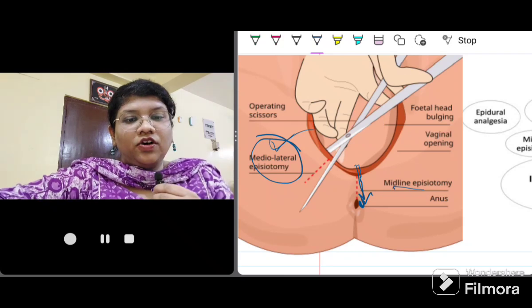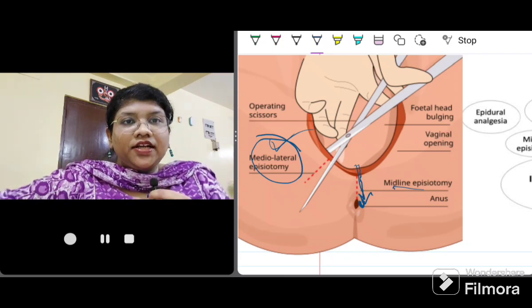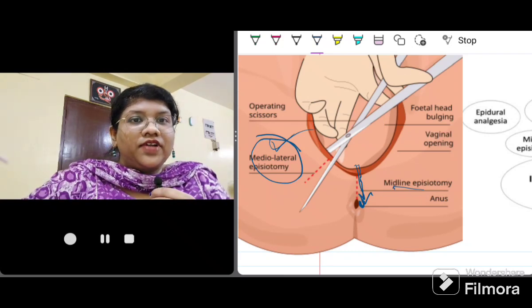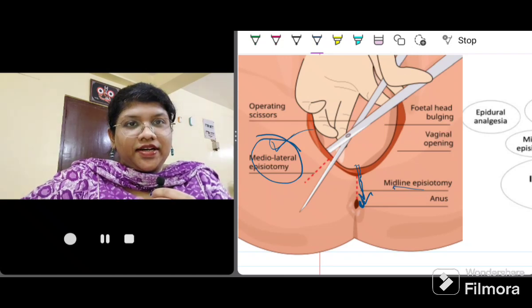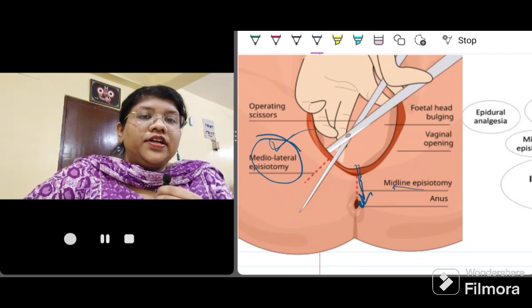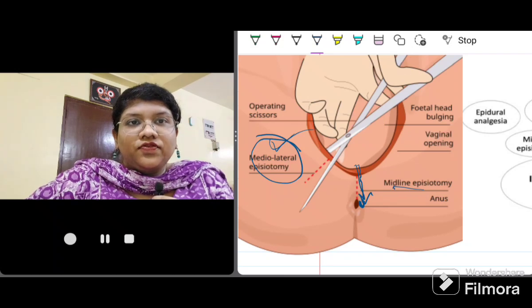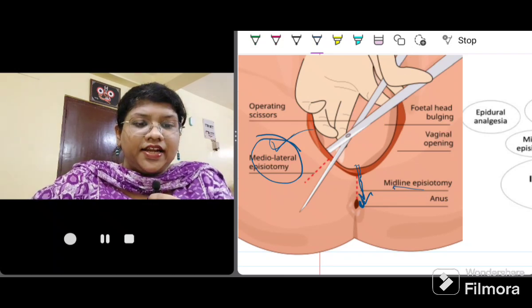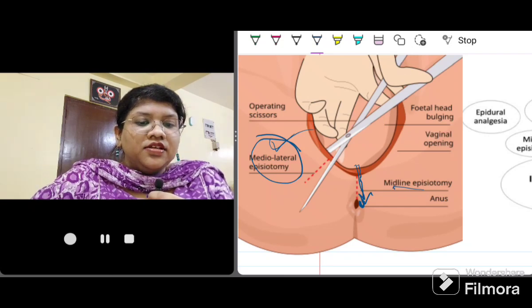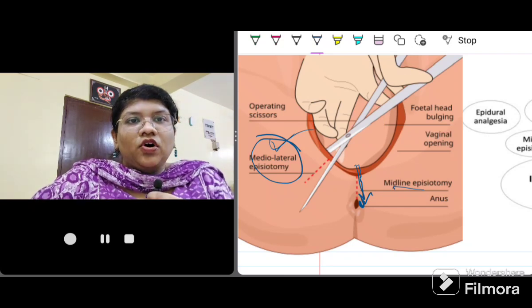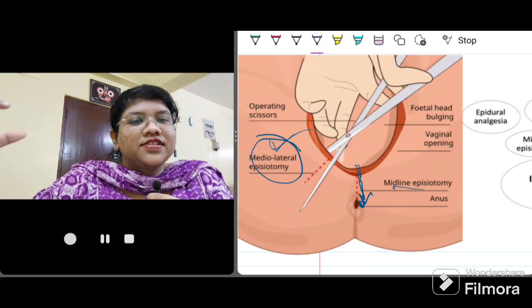Next, what is the timing of repair? Remember that timely diagnosis is very important. If you have diagnosed it on the delivery table, that is intrapartum or early postpartum, that is within 24 hours of delivery, you should repair it that time itself. If it is not diagnosed within 24 hours of delivery and she is referred late or she comes later, then at 3 months you should repair it, because at this time the infection and the inflammation would have subsided.